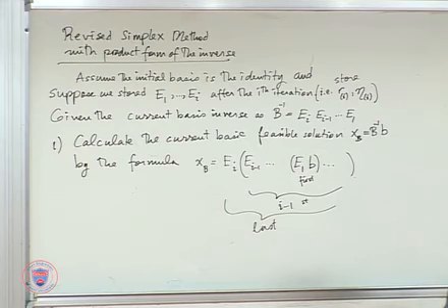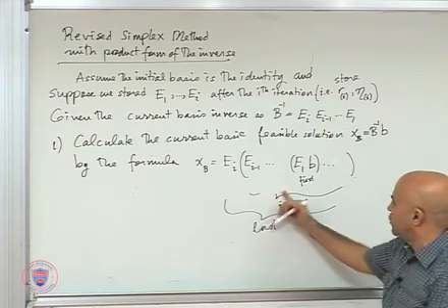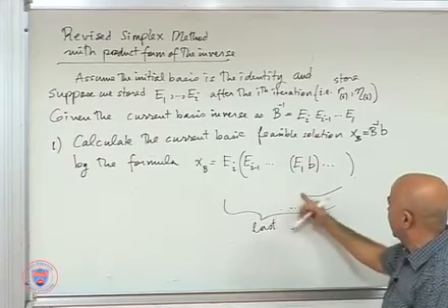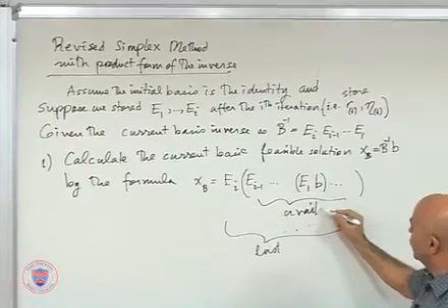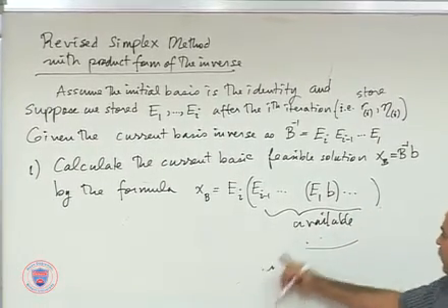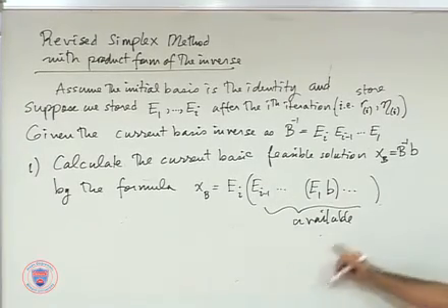Actually, this part is already available. No, let's change this, because I just noticed that this is already available from the previous iteration. So you just multiply it with EI. That will give you the solution.